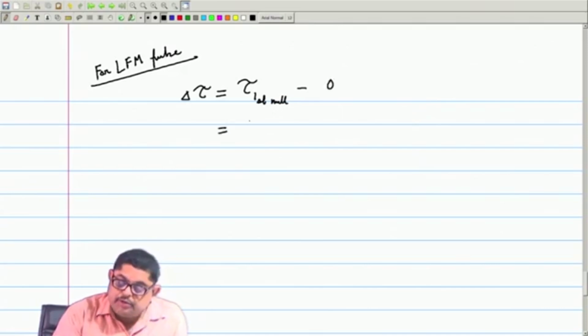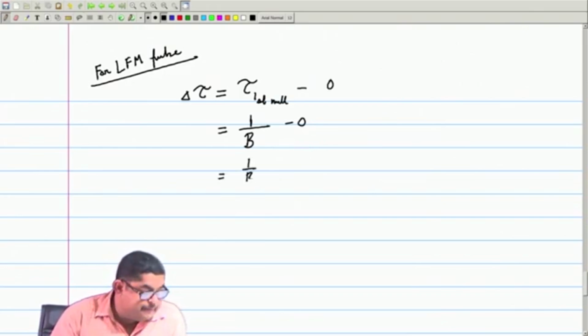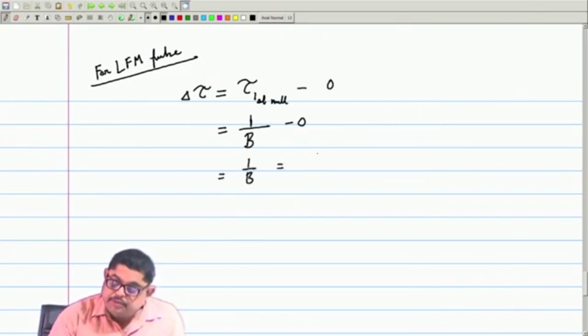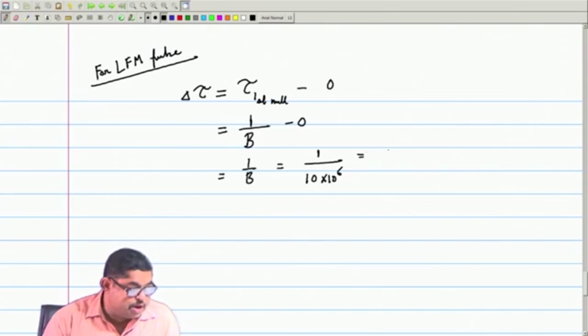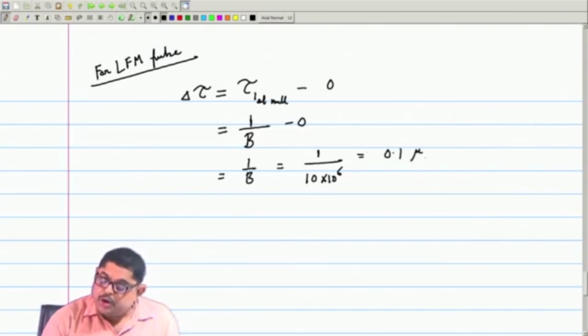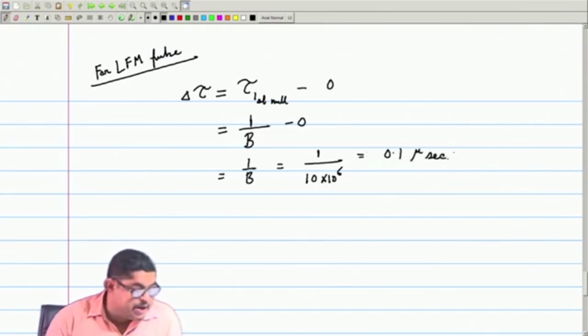Now, tau first null we have proved for an LFM is 1 by B. So, basically it is 1 by B. 1 by B means 1 by 10 megahertz, 1 by 10 into 10 to the power 6, so that will be 0.1 microsecond.